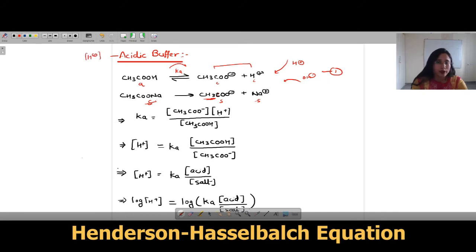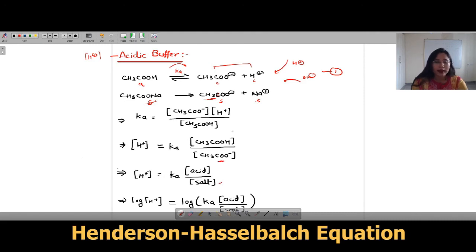So I transpose H plus to this side, Ka comes here, the acetic acid comes up and the acetate ion comes down. Here acetic acid is basically the acid, and the acetate ion I replace with the salt.